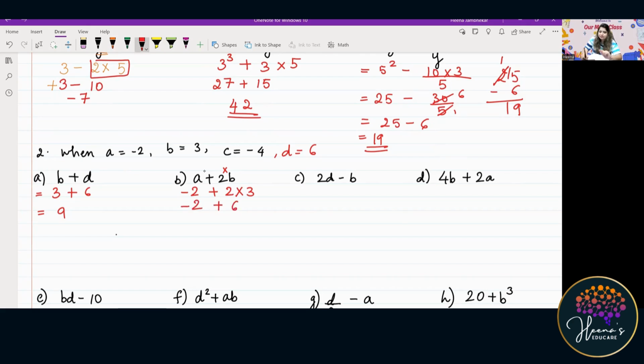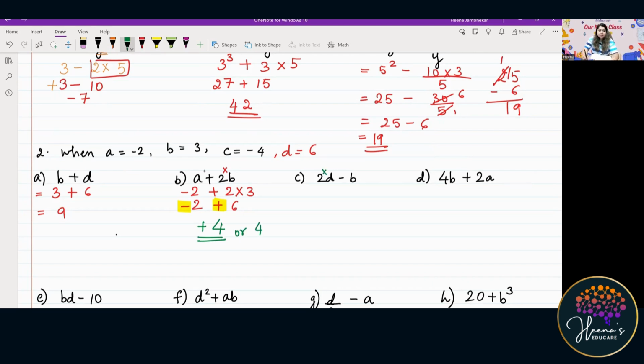That gives me a 6. Now look at this one. You have minus 2 and plus. You have different signs. Whenever you have different signs, you have to subtract. So if I subtract this, I get a 4. And I will put the sign of the greater number, which is plus. So your answer is positive 4 or just simply 4. You can just write a 4. Let's go for the next one.